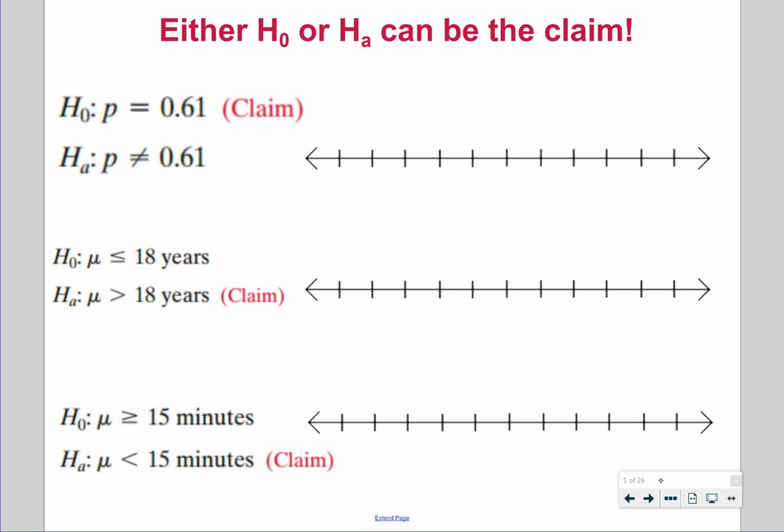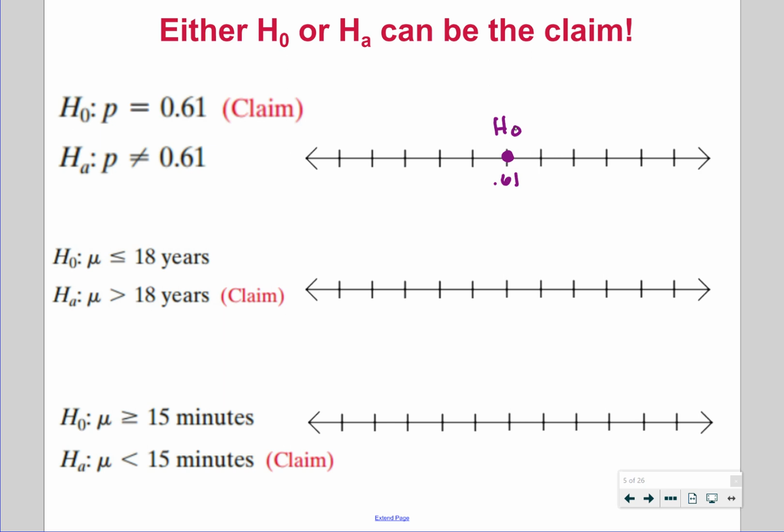All right, so the first one is a claim about the population proportion. If I were to read that, I would say the population proportion is 61% of whatever it's calculating for that problem, okay? So I'm going to put 0.61 on my number line. And the claim is that it's equal to 0.61, so I'm going to make a solid dot, and I'm going to label that my null hypothesis, H sub 0.